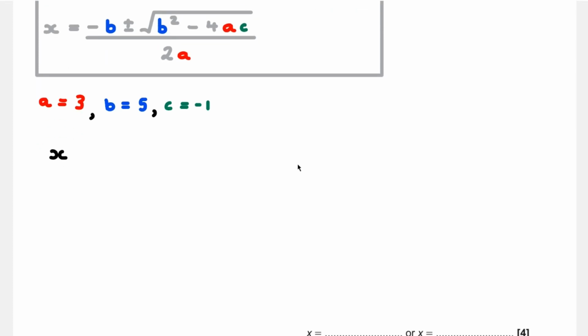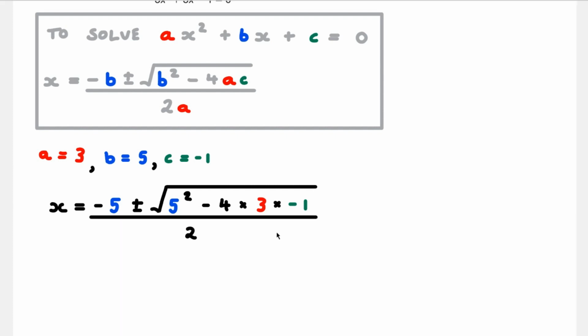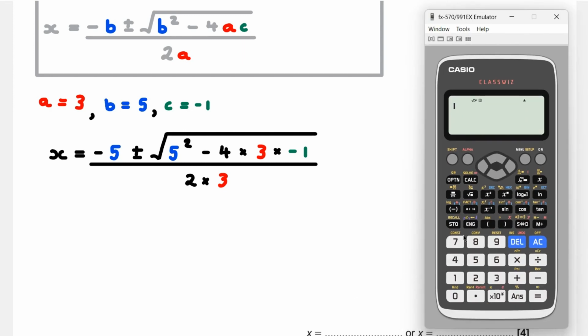So we have x equals minus 5 plus minus the square root of 5 squared subtract 4 multiplied by 3 times by -1 all over 2 times by 3. So let's work this out. I've got -5 plus the square root of 5 squared subtract 4 times 3 times -1 over 2 times by 3.